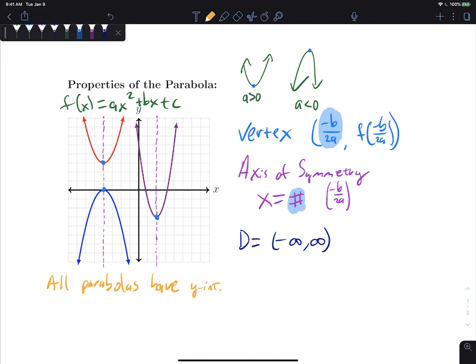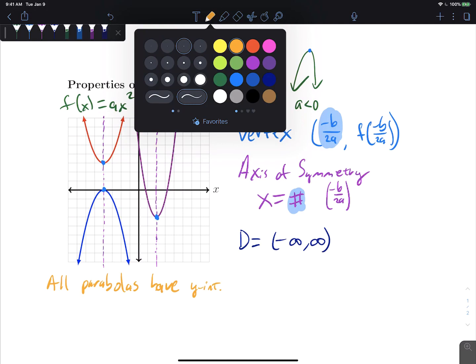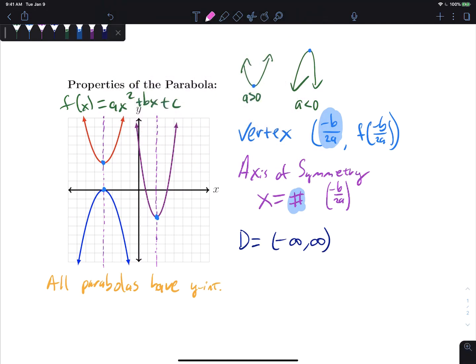However, not all parabolas have an x-intercept. In other words, only some parabolas have x-intercepts. And if you notice, for the purple graph here, there are 2 x-intercepts.